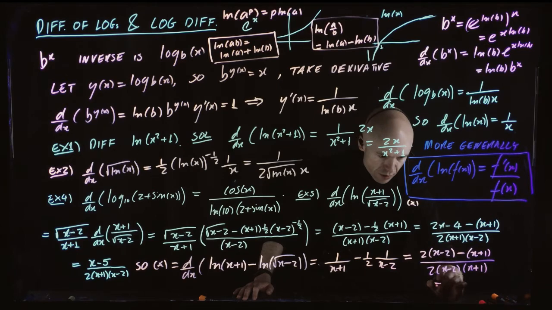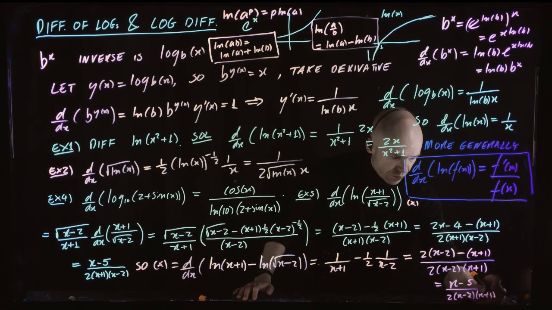We get exactly the same answer. We're going to have x minus 5 over 2, x minus 2, x plus 1.